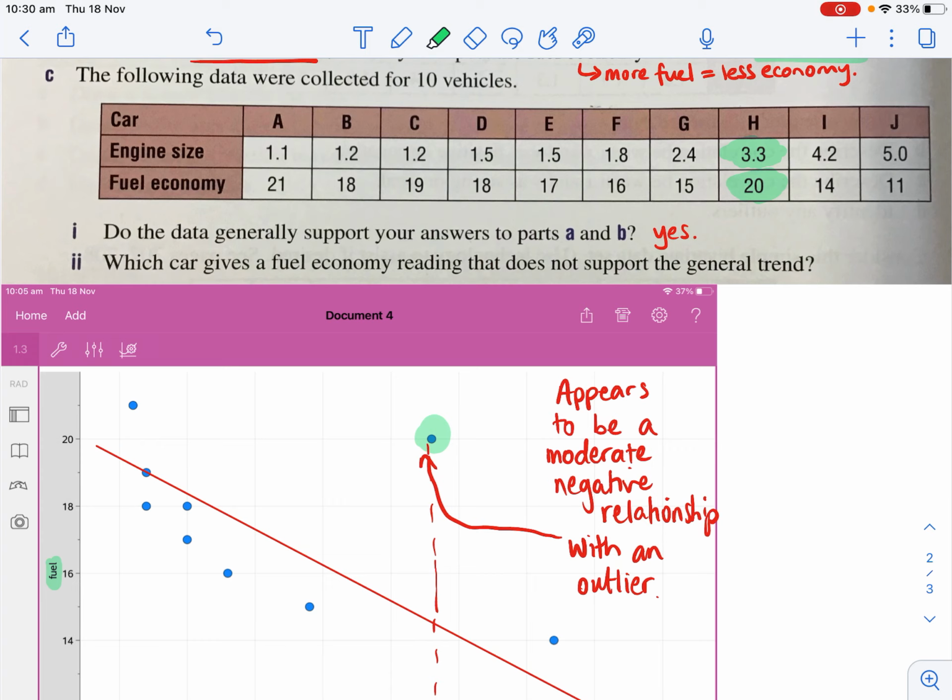It has a relatively high level of economy. So car H does not support the general trend. Could be an outlier. It could be dodgy testing. There was a whole scandal with VW and their testing criteria for fuel economy. So maybe this car is part of that scandal.